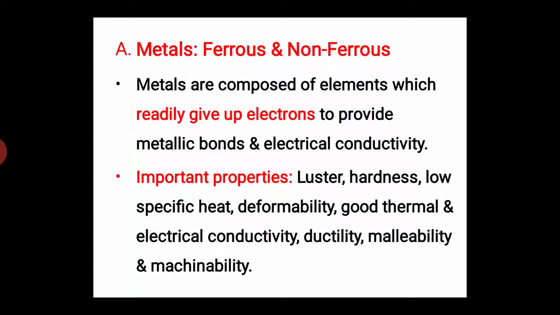Then good thermal conductivity. Consider the example of the engine casing; everyone has seen the engine of a bike. A tremendous amount of heat is generated during working conditions, so there must be some heat dissipation to the atmosphere, and for that purpose the engine casing is made of aluminium.